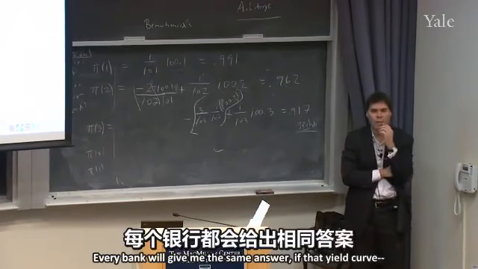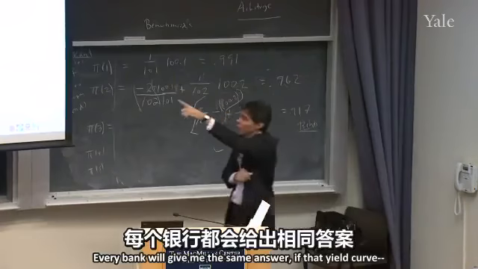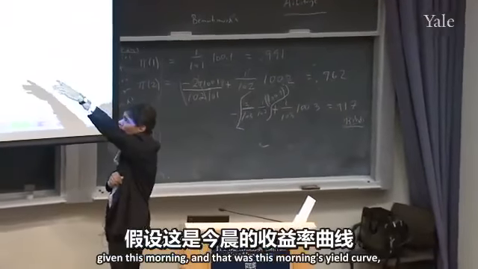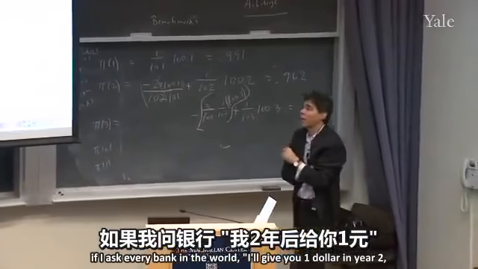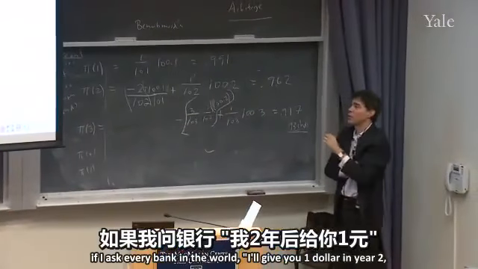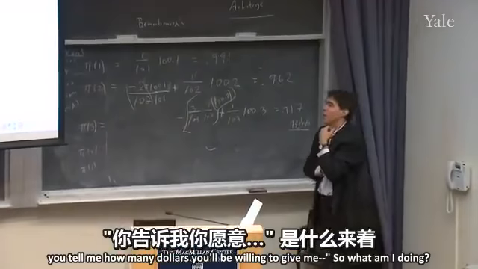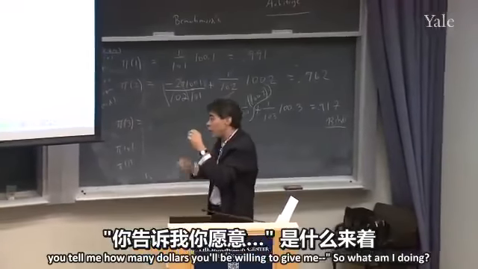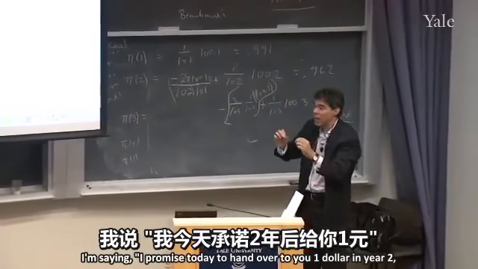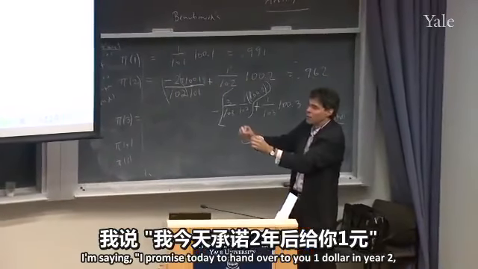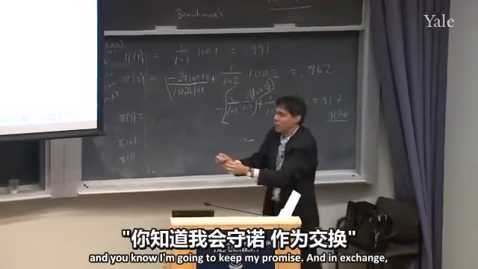Every bank will give me the same answer, given this morning's yield curve, if I ask every bank in the world, I'll give you $1 in year 2, you tell me how many dollars you'd be willing to give me. So what am I doing? I'm saying, I promise today to hand over to you $1 in year 2, and I'm going to keep my promise.